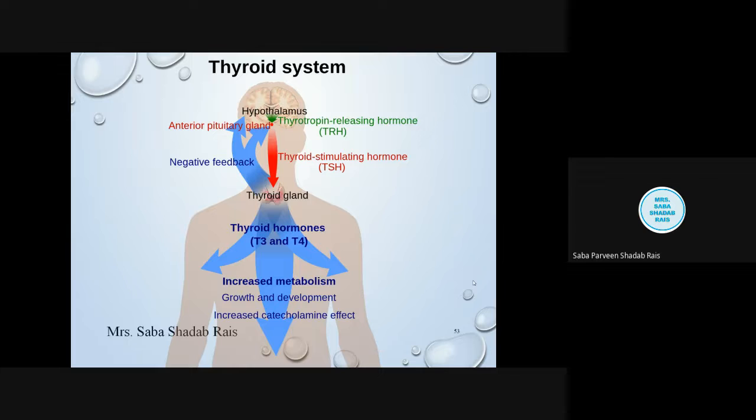So if you want the synthesis of protein to be normal, you should have an appropriate quantity of thyroid hormone in your body. It increases carbohydrate metabolism as well. Is that clear? So overall we can say for good metabolism or good digestion, this hormone is really very important.